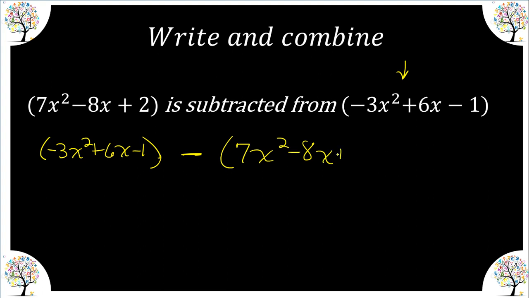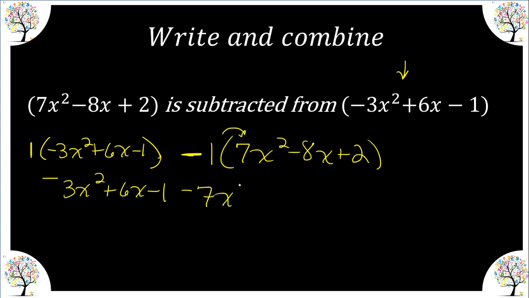Now, when I do this, I like to distribute what's out front. So this is like an understood positive one, which just gives you the exact terms that we have here. However, on this one, it's subtract. This is like a -1. So when I distribute the -1, it turns all of these terms in this trinomial to their opposite sign because we're subtracting.